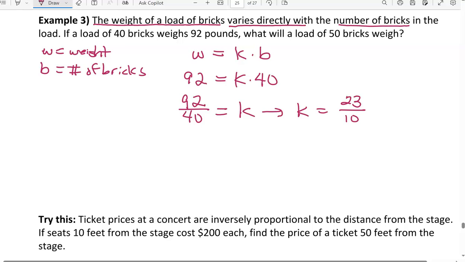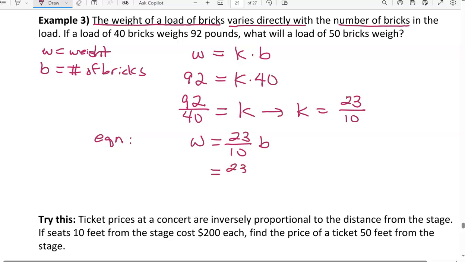Now, our equation of variation is W is equal to 23/10 times B, where W is the weight and B is the number of bricks. That is something that we can now use to find the weight for a load of 50 bricks.